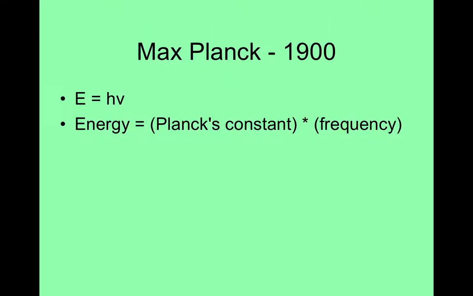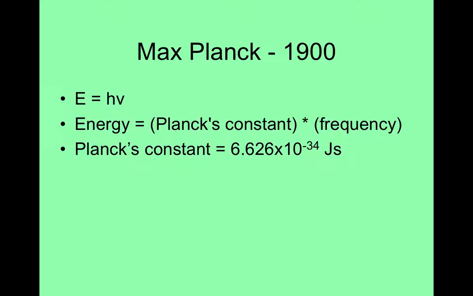One of the scientists I skipped over a little earlier was Max Planck. Planck had been working back around the year 1900 to develop this equation, which says that E equals h times nu, which is a V here, but it should be a Greek letter. What that means is that the energy an electron carries is going to equal Planck's constant times a frequency.